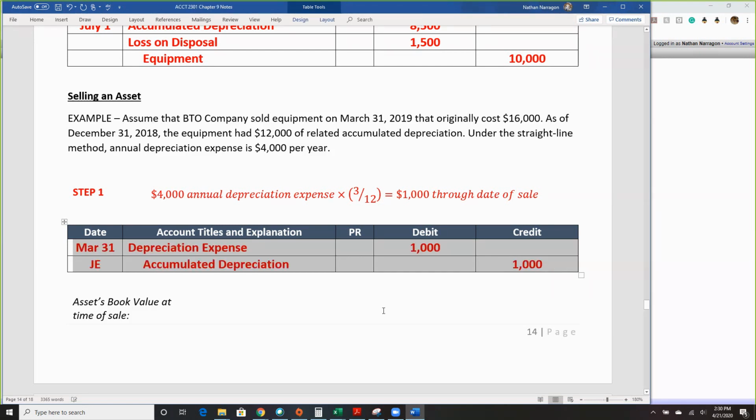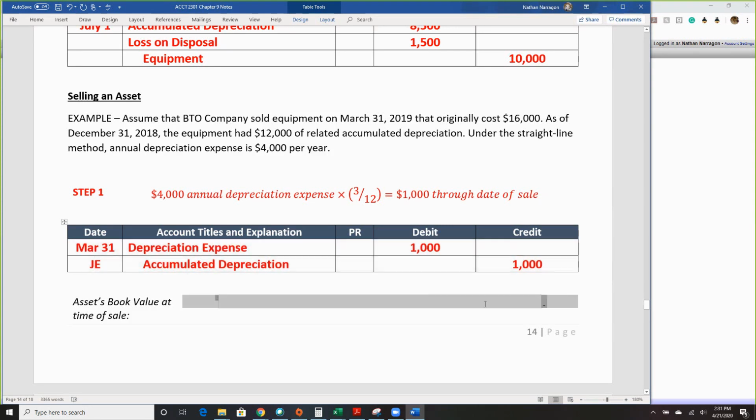Again, I will do my depreciation journal entry. Debit depreciation expense and credit accumulated depreciation. So, let's figure out book value. Book value, again, is the cost minus accumulated depreciation, which will be $16,000 minus $13,000.